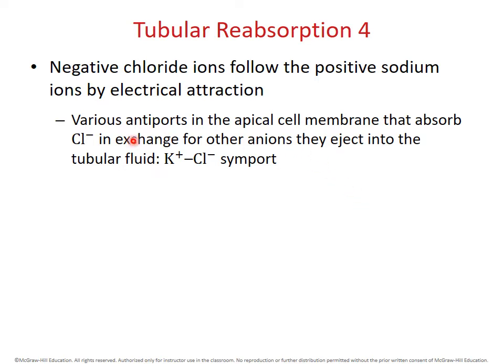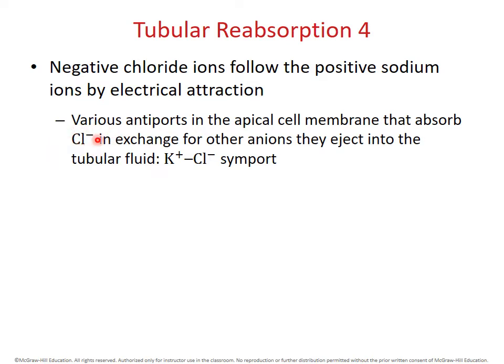Now, as chloride is motivated to move, we also have some antiports through which it has to move. Remember, the ions don't move very well unassisted through cell membranes because they don't pass through the hydrophobic interior very well. So we do have to have carrier molecules to allow the chloride to move.